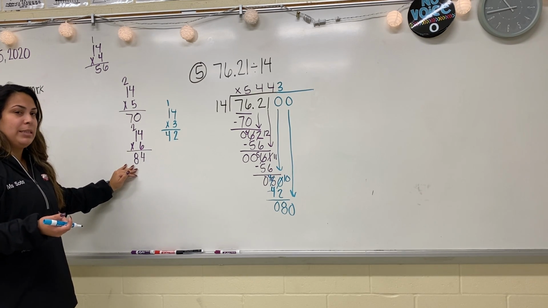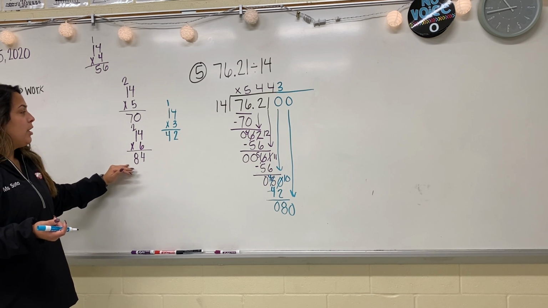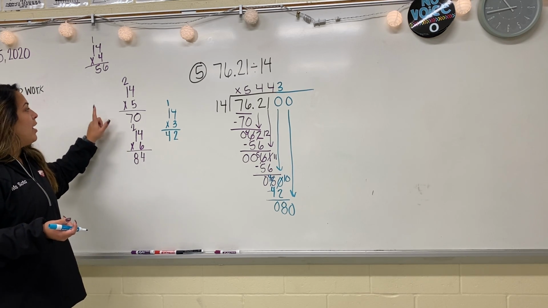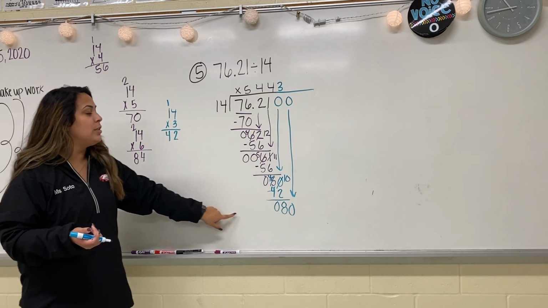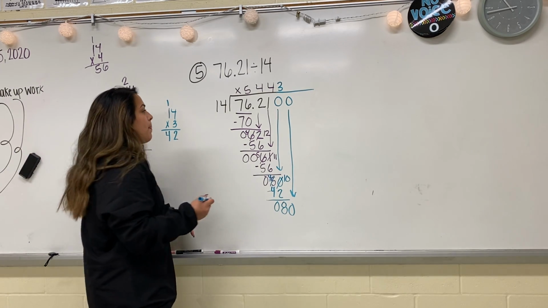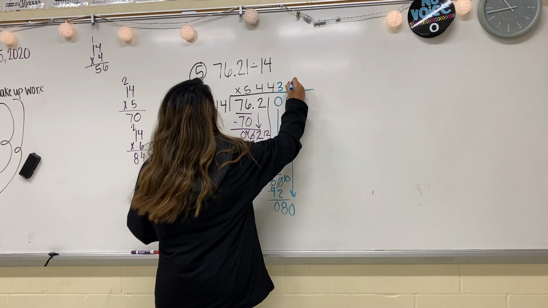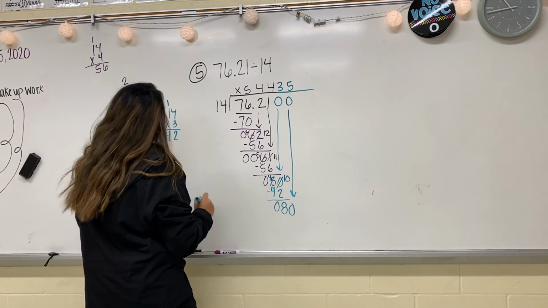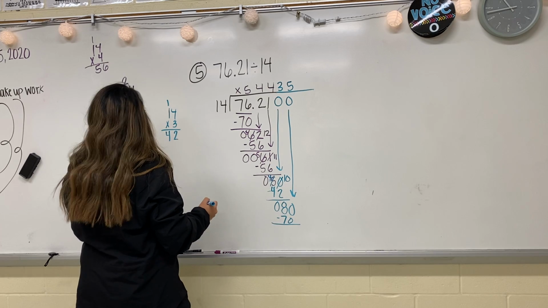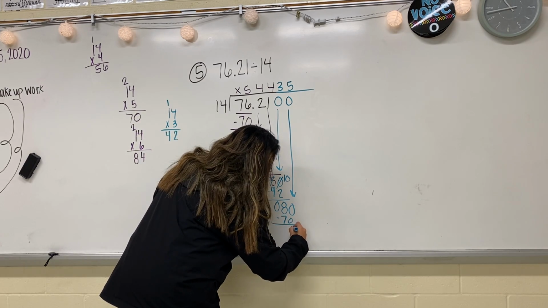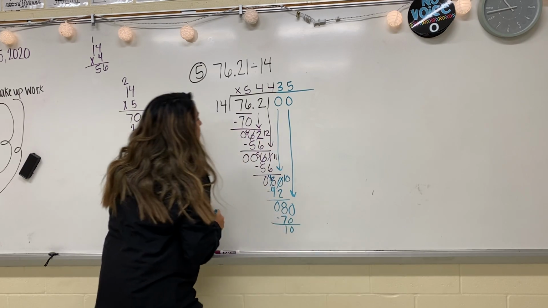And remember when I did 14 times 6, I got 84. So this tells me that I'm going to use 5 again, because 70 is as close as I'm going to get to 80. So I'm going to put 5. 5 times 14, we said was 70. Subtract. 0. 8 minus 7 is 1.